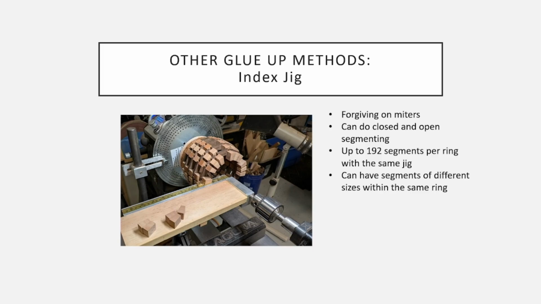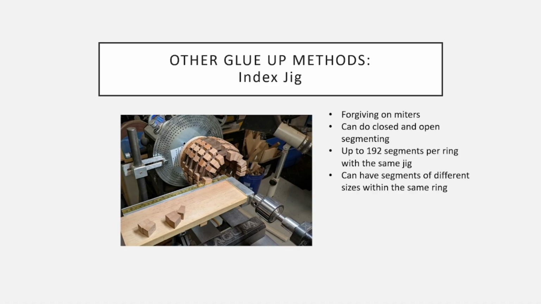So what you do is you glue in a segment, you spin the amount of rotation you want, then you glue in another segment. So you do one segment at a time. Those pictures of Tom Lohman's piece where he did 16,000 segments, that's how he does it with an indexing jig.